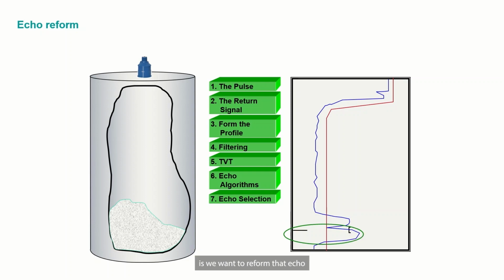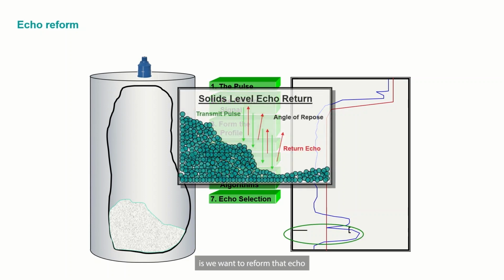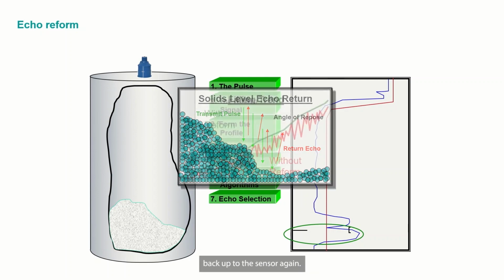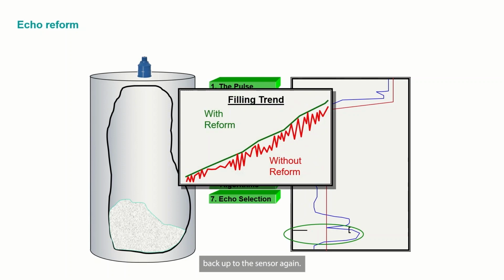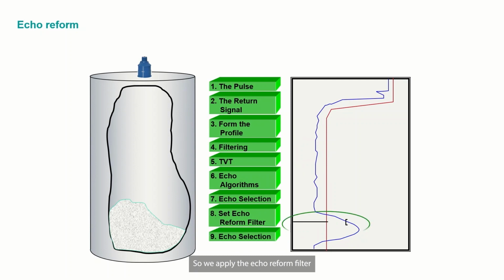So what we want to do is reform that echo so that we avoid this skip off to the side and the signal taking a longer path back up to the sensor. Again, you can see with the trend, without reform, we're jumping back and forth between those two different peaks. And with reform, it's a nice smooth trend line. So we apply the echo reform filter and it creates kind of a melding of those two profiled peaks into one.